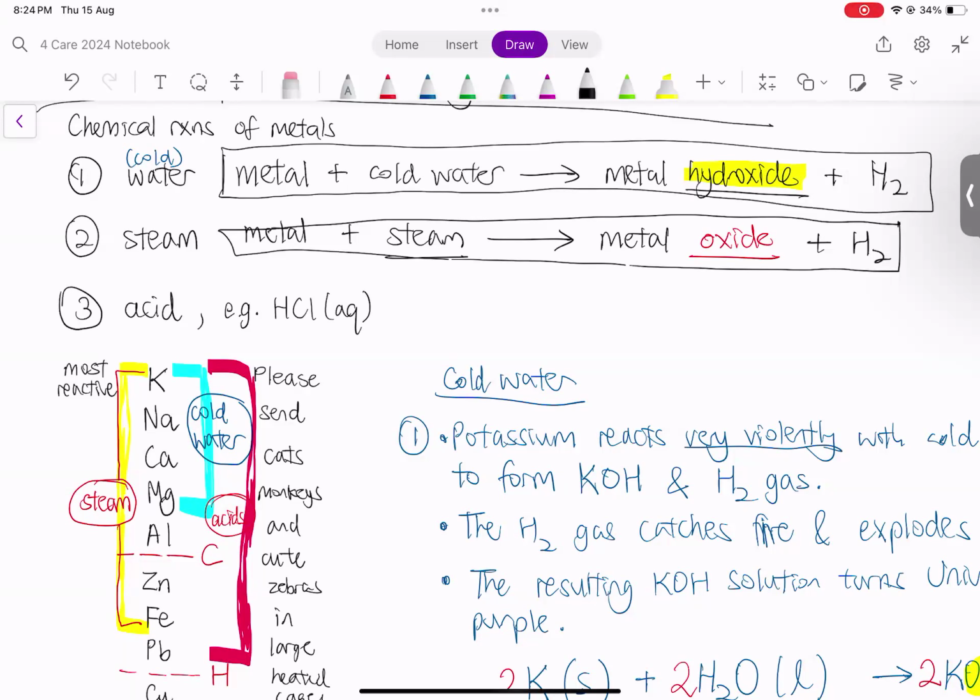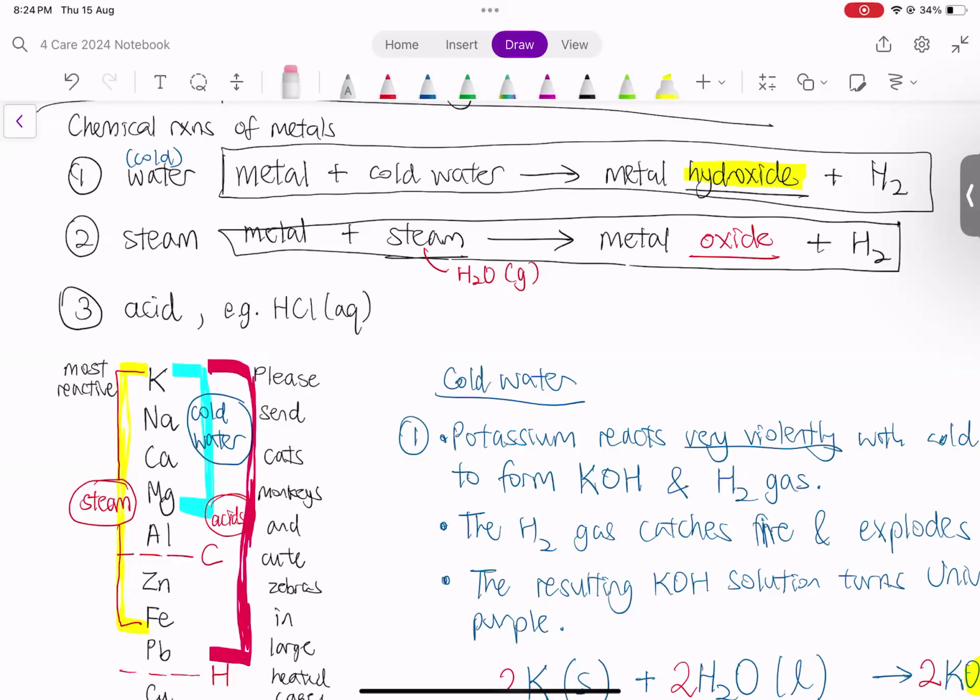All right. Now, steam naturally is actually H2O in the gaseous state. This means that you have boiled the water to form steam. In order to boil water, the temperature must be at least 100 degrees Celsius. So steam is actually above 100 degrees Celsius. And you can imagine what that means is that the temperature is higher.